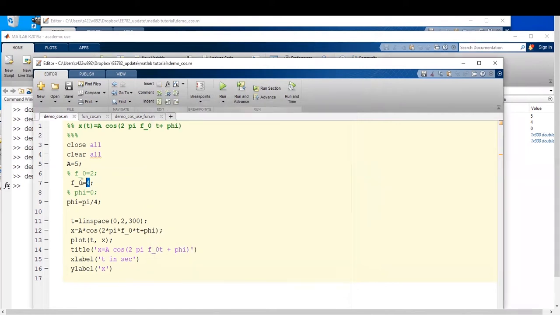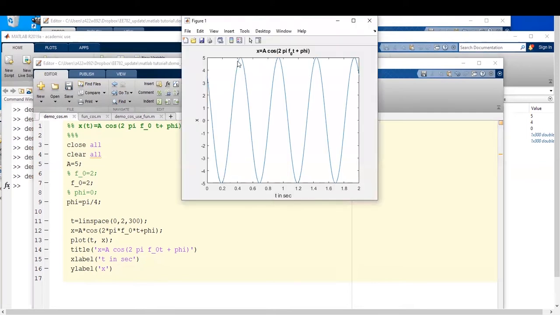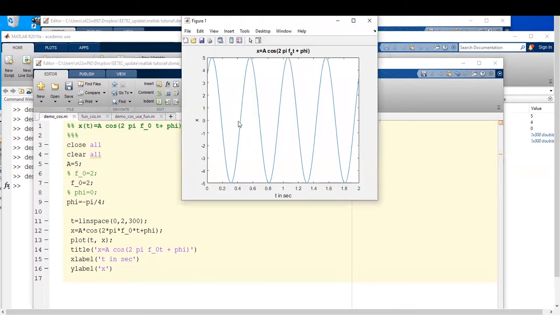So let's change back to frequency 2. You can see here that's a total of 4 cycles, a little clearer. Now let's change to minus pi over 4. That's a phase of minus 45 degrees. Let's see what it looks like.